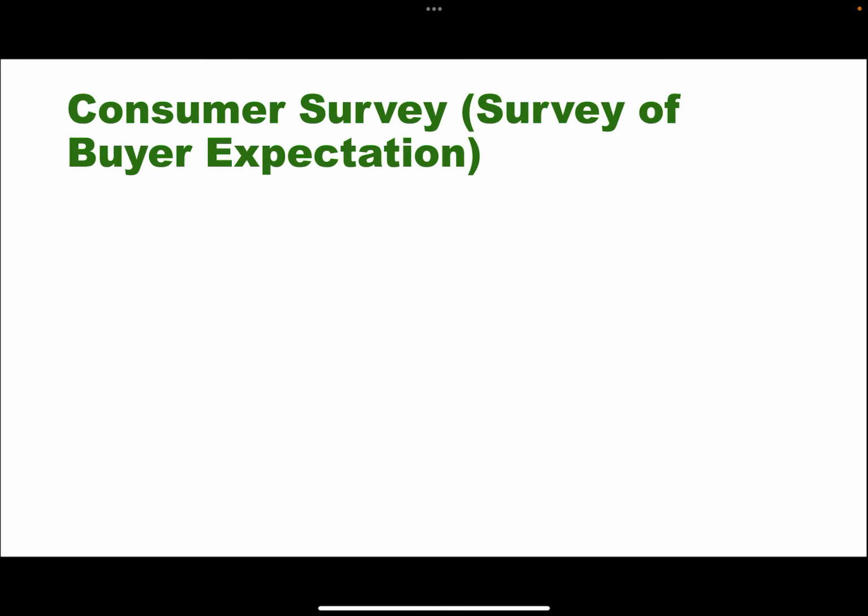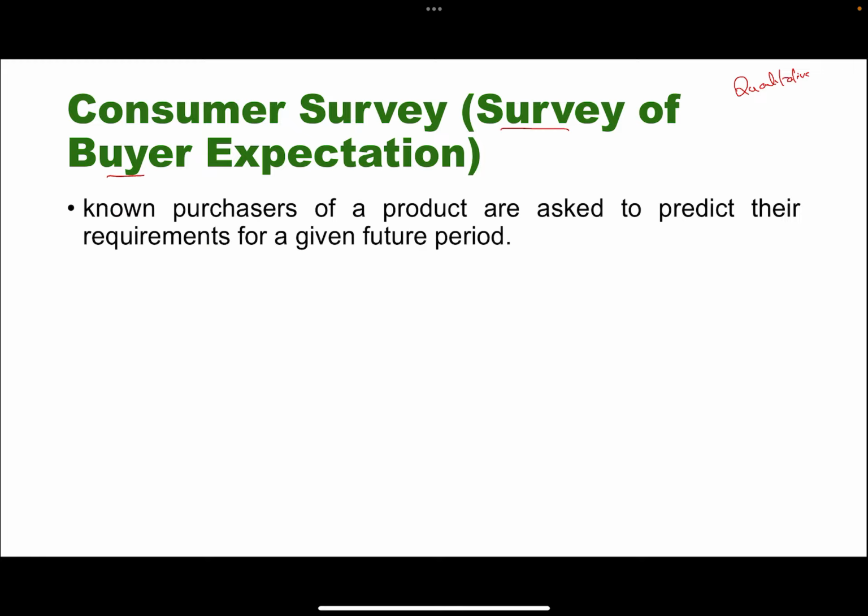So let us first discuss the first method that comes under the qualitative method. The broad classifications are qualitative and quantitative. So the consumer survey method is a type of qualitative method, that is, the survey of buyer expectations. In this method, purchasers of a product are asked to predict their requirements for a given future period.